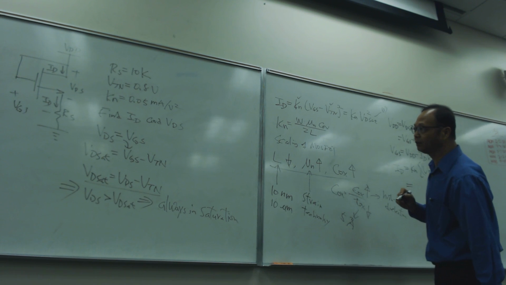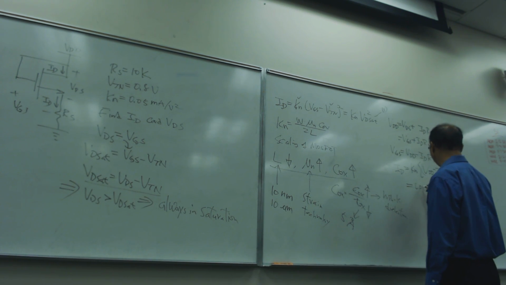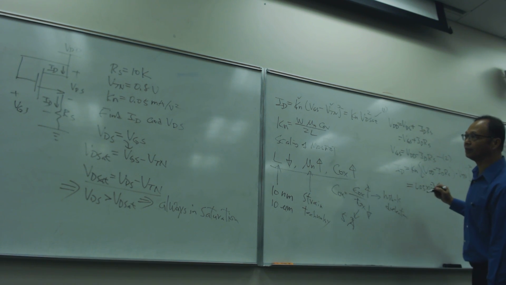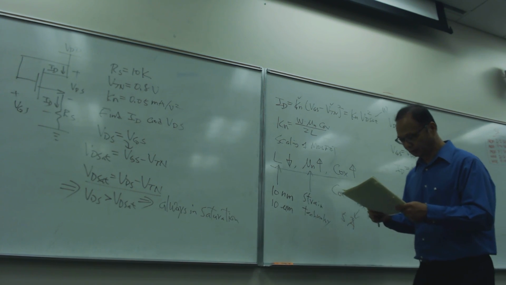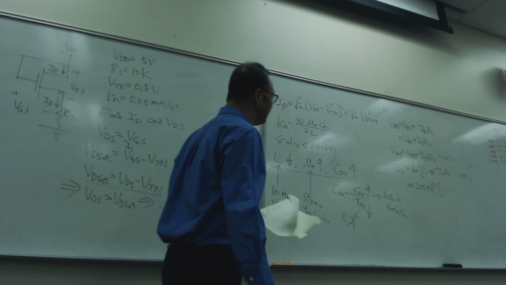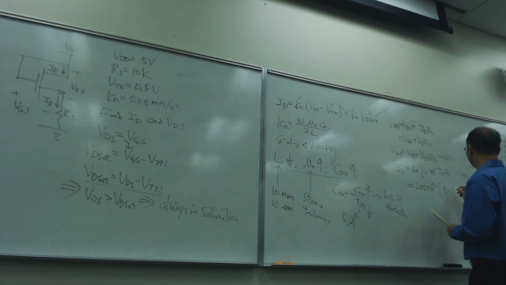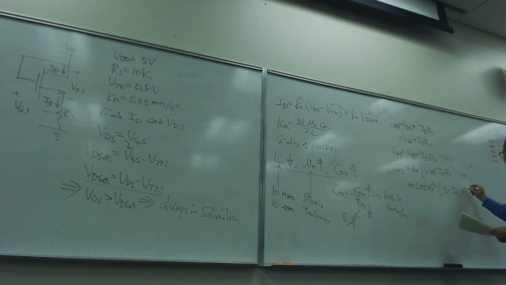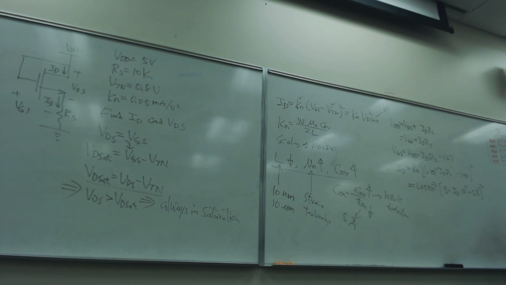So this is equal to Kn, whatever Kn is, 0.05 times 10 to the minus 3, times (VDD, let's say VDD equal to 5, minus ID times RS, that's 10 to the 4, minus 0.8) squared.